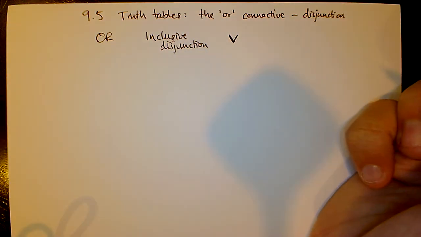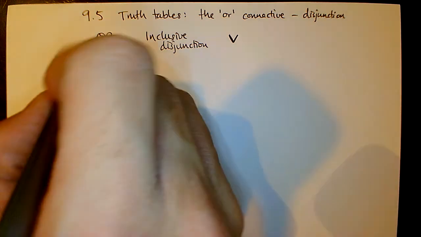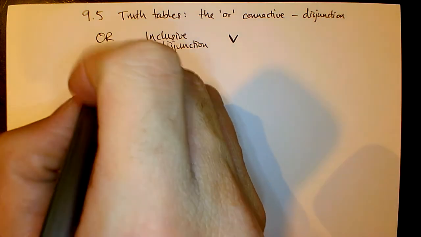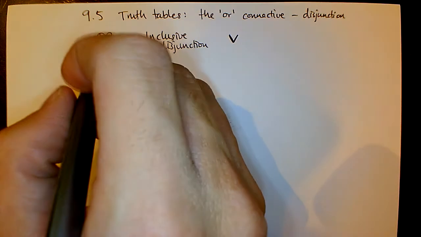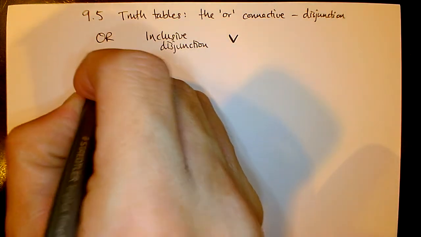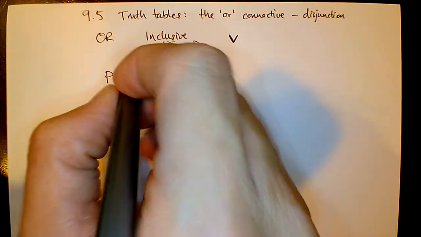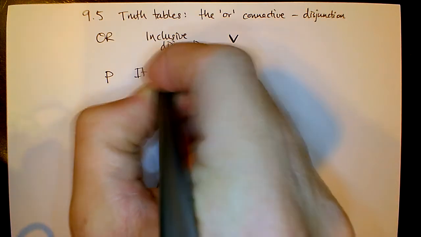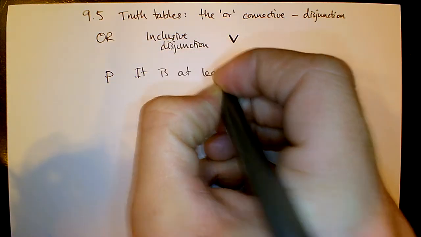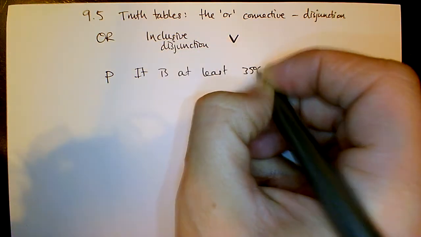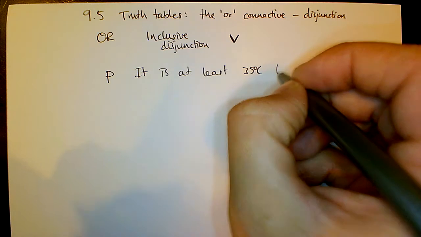So let's assume that we have the same statements that we did in the conjunction video, where we said that P is the statement that it is at least 35 degrees Celsius today.